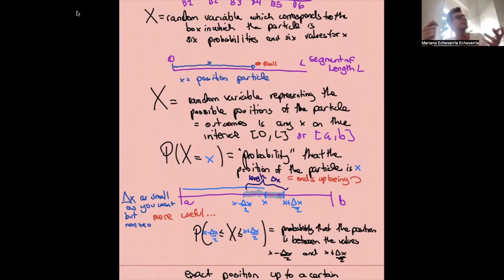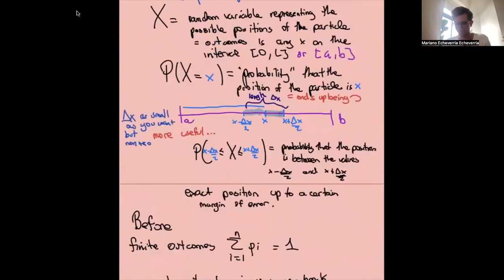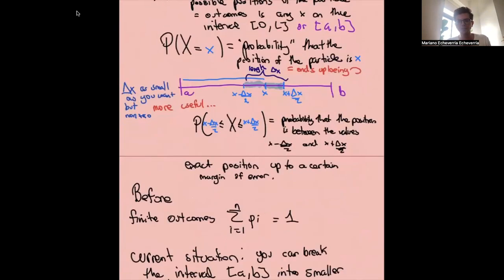So it already makes sense, even from an experimental point of view, to think that you're going to specify things up to a certain range. The analogy here was to think that maybe you don't specify x, but only x within some amount delta x over 2 from it. Again, for a mathematician, delta x can be as small as you want.